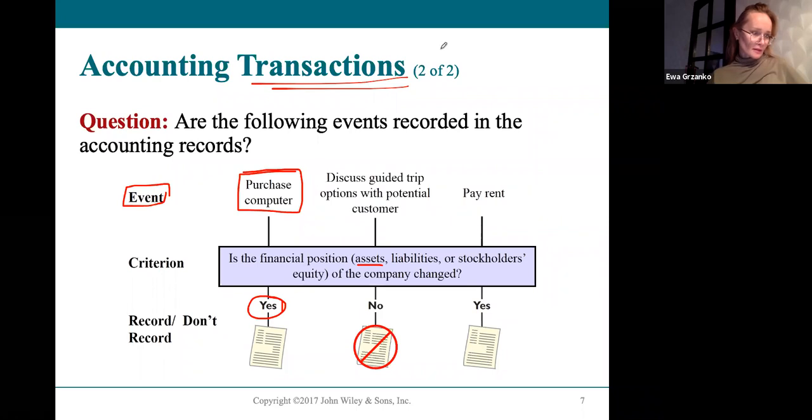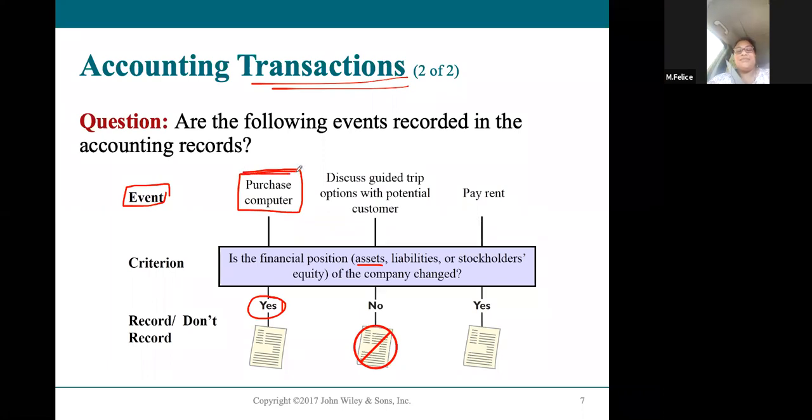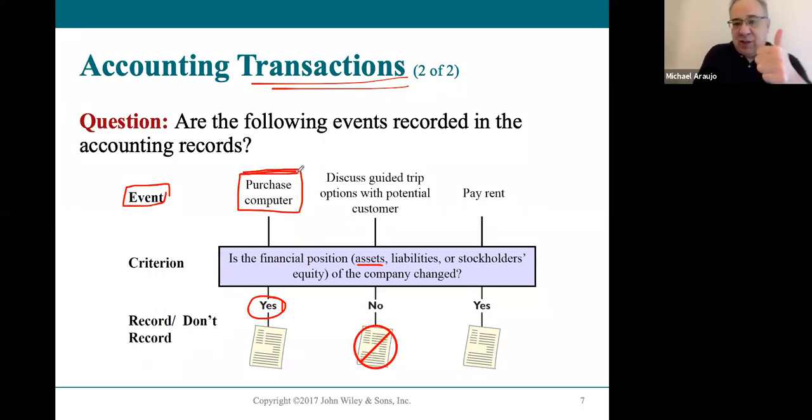Computer equipment is going to last a long time, right? So computer equipment is going to be part of our property, plant, and equipment. And you're right. If we bought it for cash, cash is affected, and equipment is affected. Those two accounts are affected.